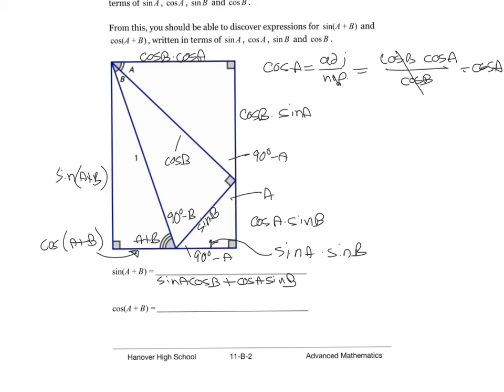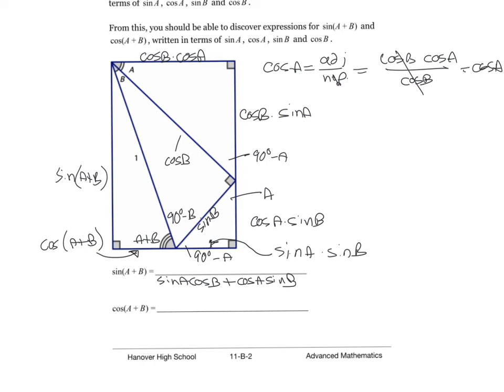Now I'm going to write this, and you'll notice I did this one here, sine A cosine B. That's this one. I reversed the order of those two functions because it doesn't matter what order you multiply numbers in. And the reason I did that is so that I have a consistent ordering of the arguments. So this is sine of A times cosine of B plus cosine of A times sine of B. And I want to keep that pattern going down here, and you'll see why in a little bit.